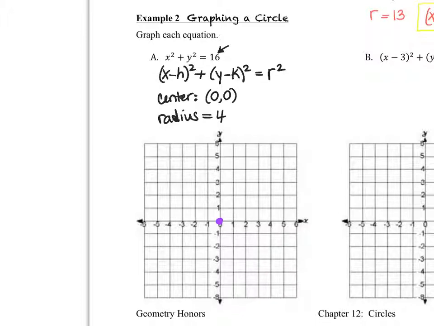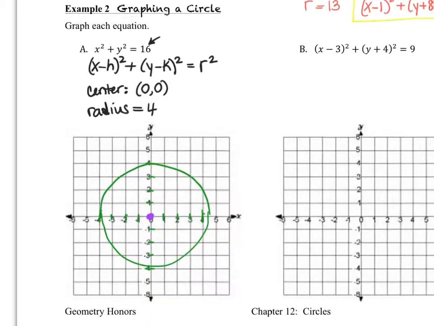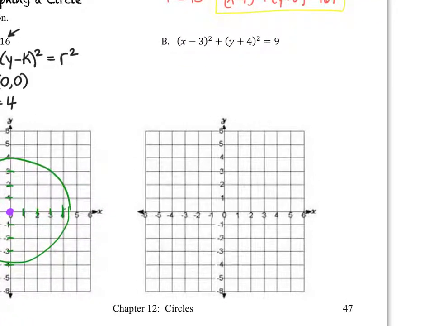So what we're going to do is go 1, 2, 3, 4 in every direction. And this is where our circle is going to go. We're going to draw it. It may not be beautiful, but we're going to do the best that we can. Definitely not beautiful. Okay? And that moves us on to question B.